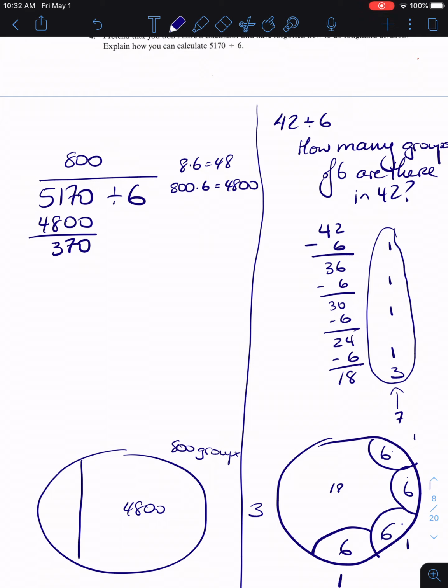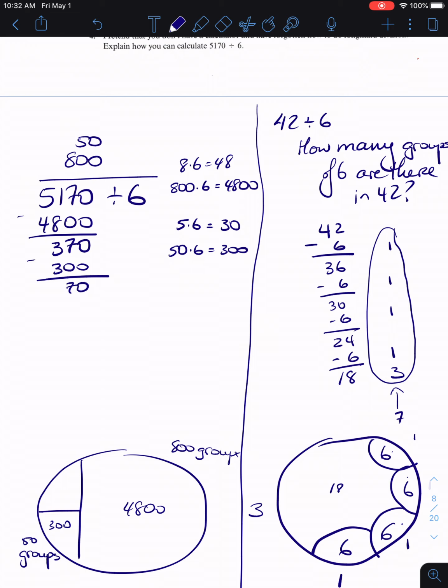Now, how could I do this? Maybe the kid remembers that 5 times 6 is 30, pardon me, stepping one step ahead, 50 times 6 is 300. So they could say, oh yeah, I can pull out a 300, and that's 50 groups of 6.